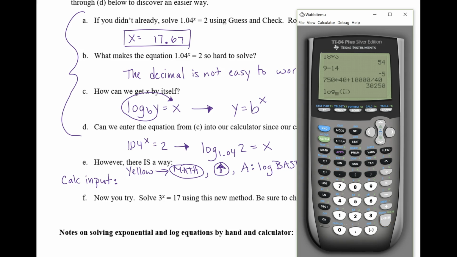Then it's easy to input a different base. Our base is 1.04, and we're taking the log of 2. We press enter, and yes, it was 17.67. That was our answer.